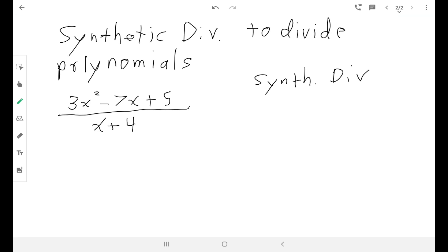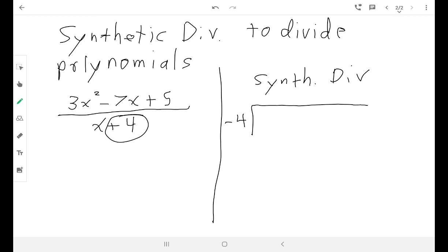Okay? So, to do this by synthetic division, I'll give a partition here and show you how to do it. You make this weird looking thing right here, and on the outside you take this, and this is one of the first things that I hate about synthetic division, is that you have to remember to change that to the opposite sign. So this actually needs to be a -4 out in front here.